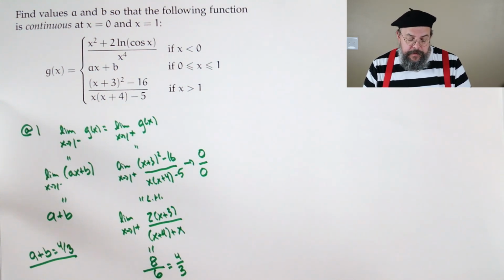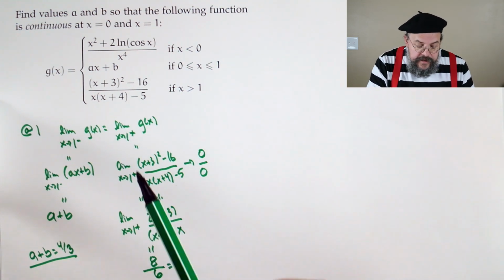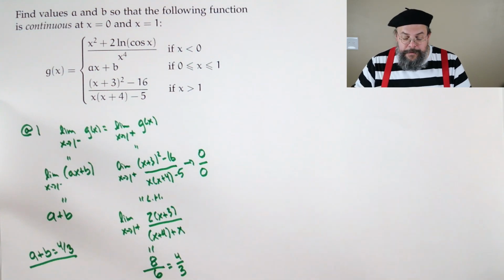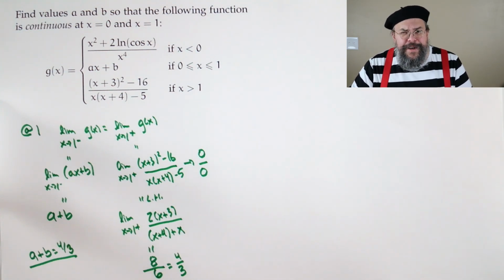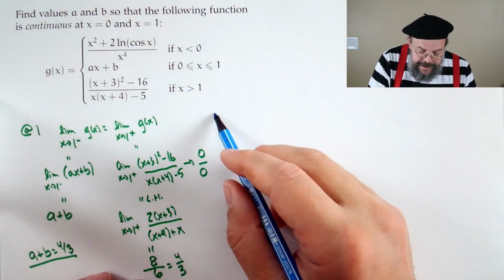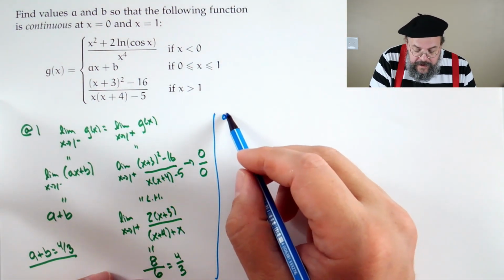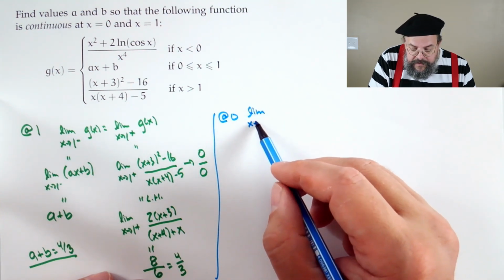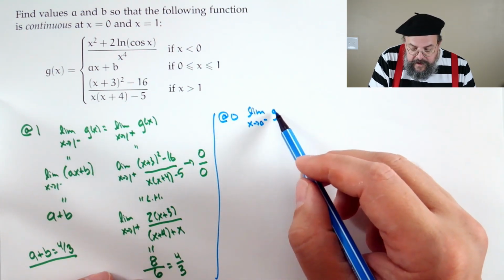Well, so what's the next thing we do? We say, aha, let's do 0. Same idea, maybe a little bit more interesting work. So here we go, at 0. Same setup. To be continuous, we have to say the limits from both sides have to match.